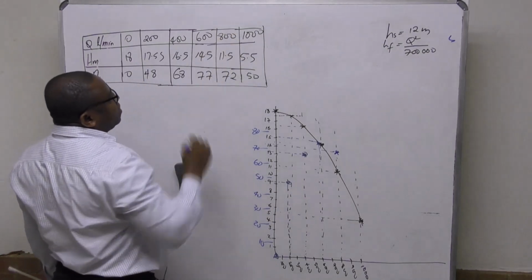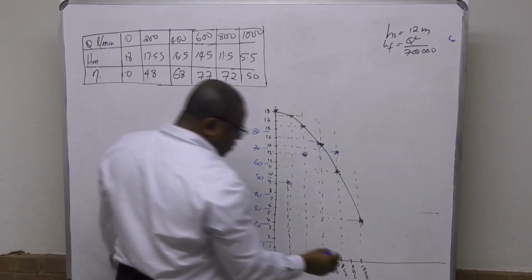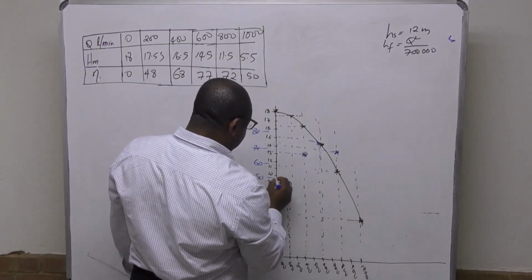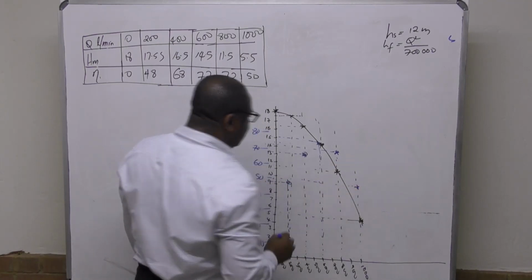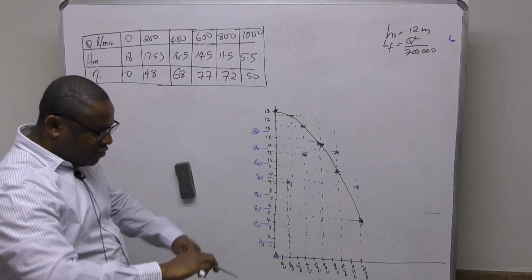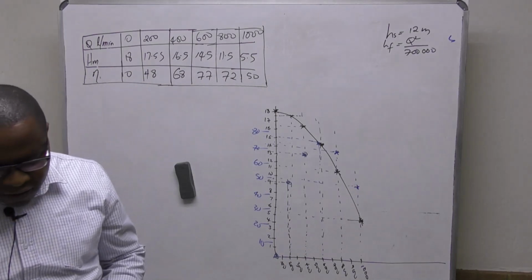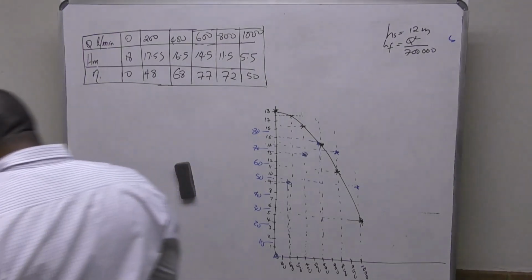And efficient at a flow of 1,000, efficiency is 50. Okay, so you need to now use something to, where is it?